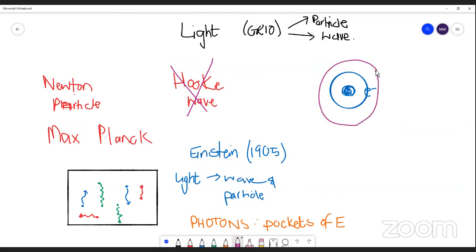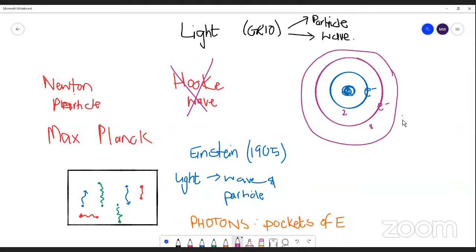Bohr said that your electrons can be in these energy levels, and that certain electrons stay in certain energy levels. We learned in grade 8 that you could have 2 electrons in the inner energy level, and then 8, and then another 8, and so forth. And these electrons stay in these energy levels.